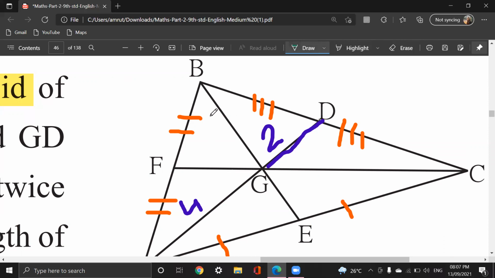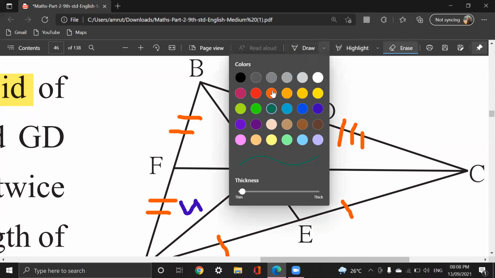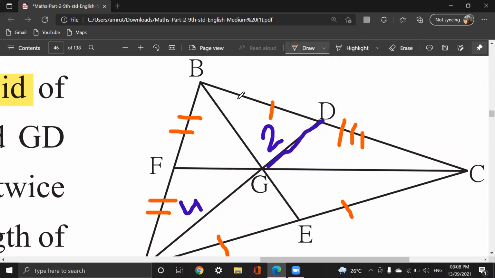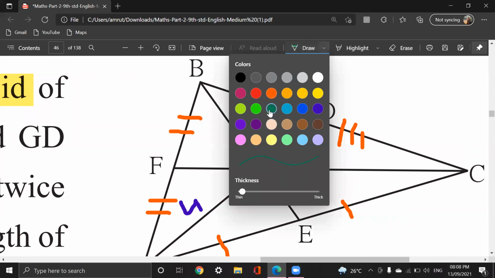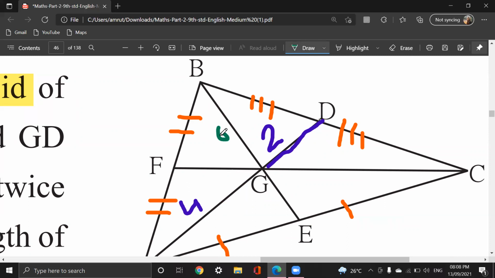So if you find BG after measuring as 6 centimeters, then GE, what you will find out, exactly, will be 3 centimeters.